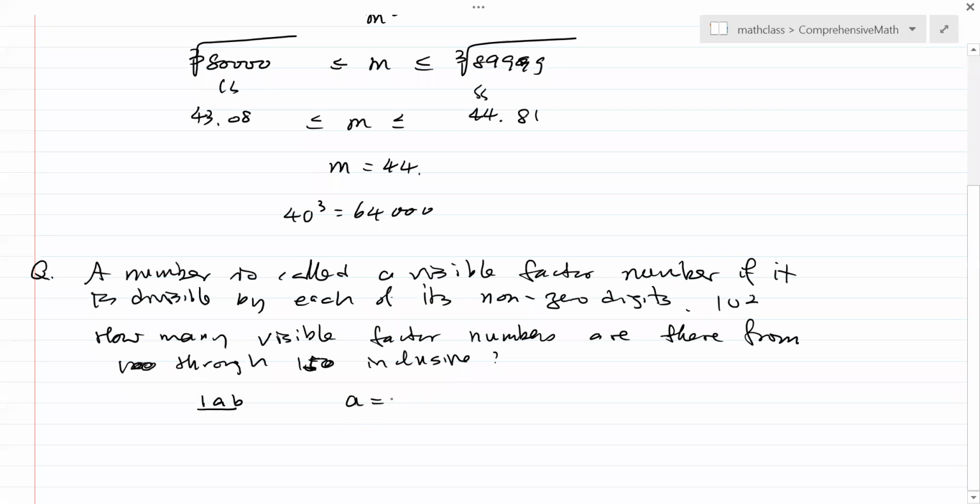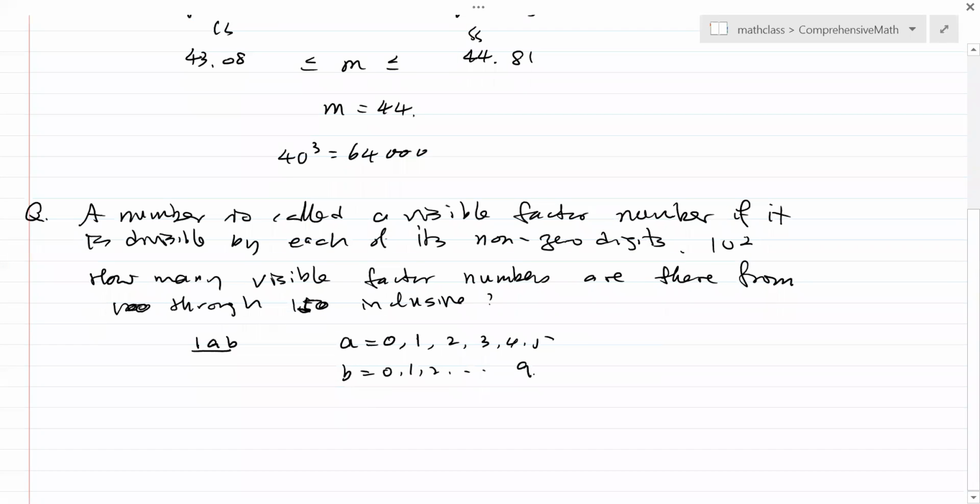The possible values for A are 0, 1, 2, all the way to 5, because of 150. B can be any integer from 0 to 9. And the number should be divisible by 1, divisible by A, and divisible by B. Now you also have to discuss the cases when A is 0 or B is 0.